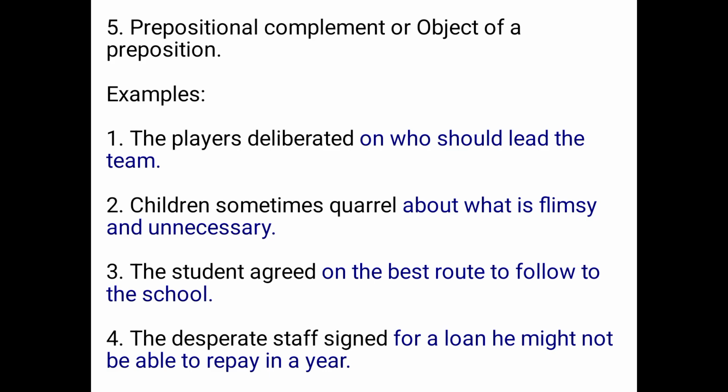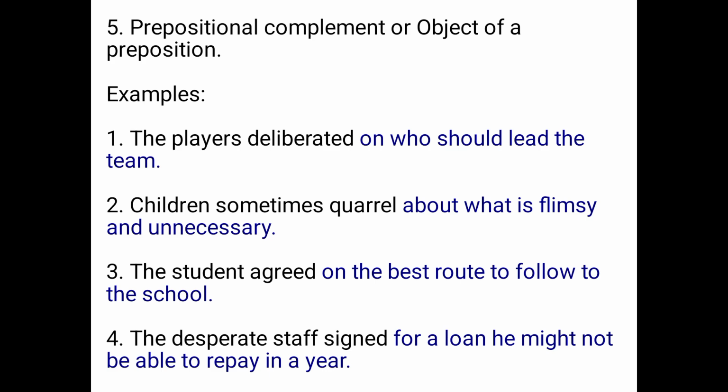Now take notes. In examples 3 and 4, we're not having the words that introduce a noun clause. That shows that sometimes these noun clauses appear without the words that introduce them.